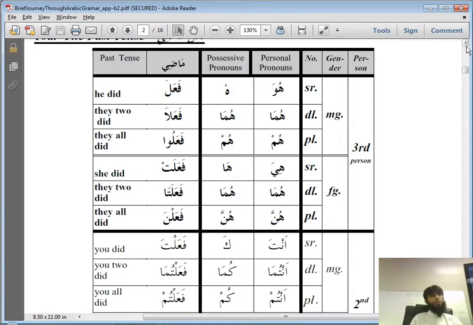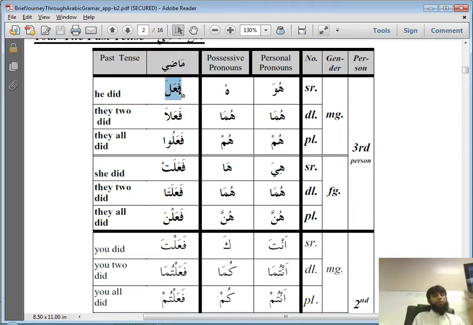Letter 1, 2, 3, or you can use fa, ain, lam to represent those 3 letters, what we call root letters. So if you take, for example, khalaqa, what is the first root letter in khalaqa? Kha. What is the second root letter? And the third one is qaf.